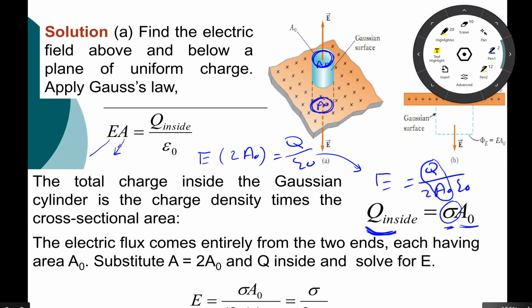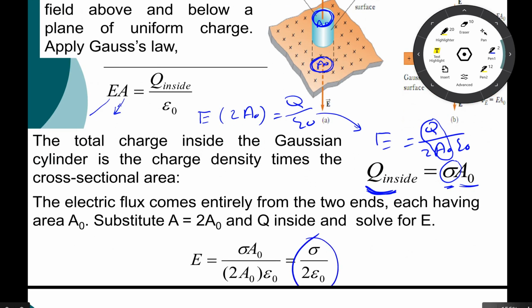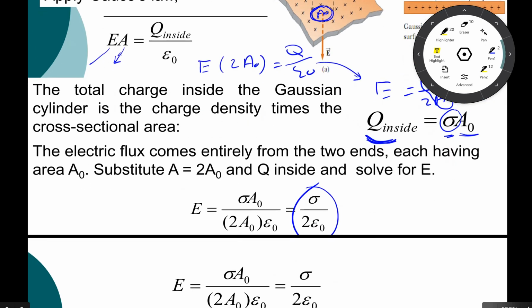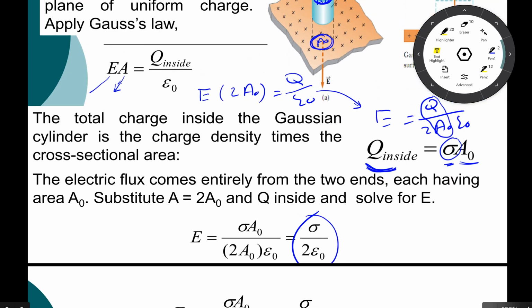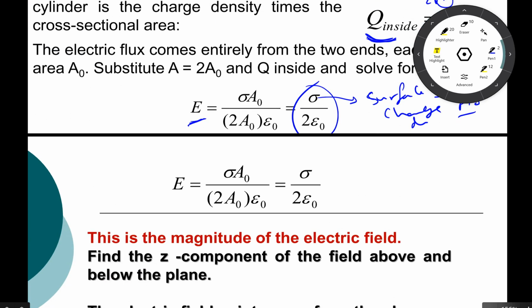So finally one can come to this result: the electric field will be sigma over 2 epsilon null. Observe that sigma is the surface charge density, which is equal to Q over A null. So in a few steps we calculated, using Gauss's law, the electric field around a sheet.